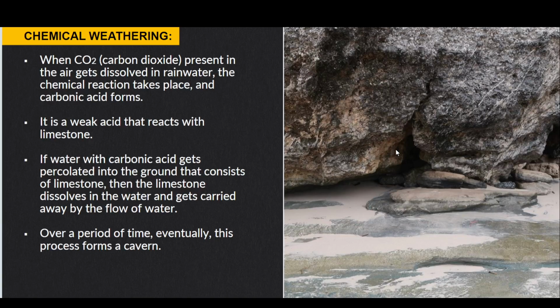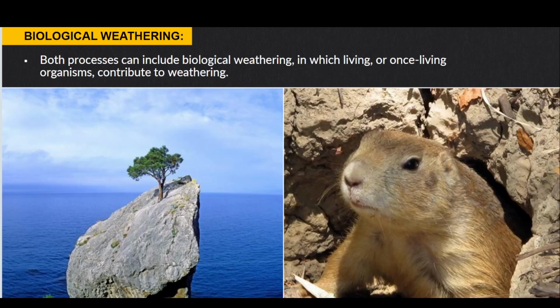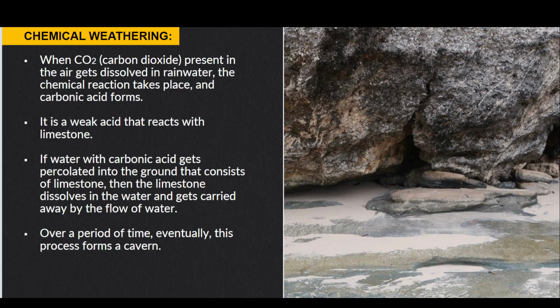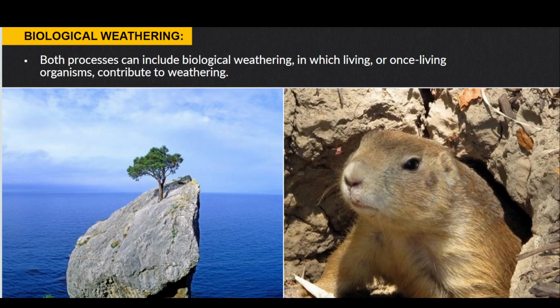So if water with carbonic acid percolates into the ground that consists of limestone, then the limestone dissolves in the water and gets carried away by the flow of water. Like here you can see. Over a period of time, this process forms a cavern. Again, this is an example of chemical weathering, because it is happening because of chemical reactions, right?